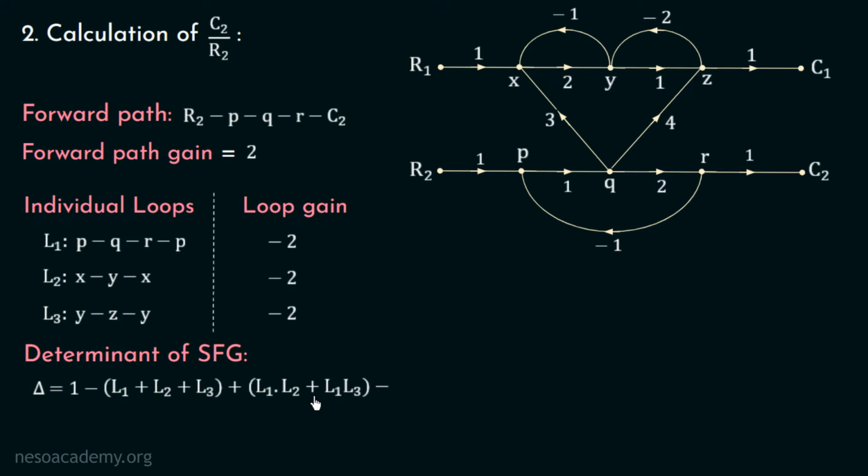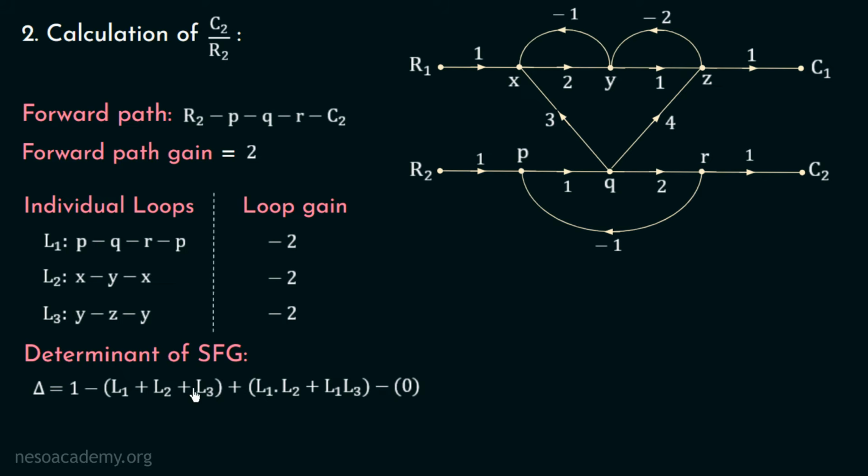Minus sum of products of all possible combinations of three non-touching loops. But we do not have any triplet of three non-touching loops, and that's why the gain of three non-touching loops will be equal to 0. And hence all the other factors will be equal to 0.